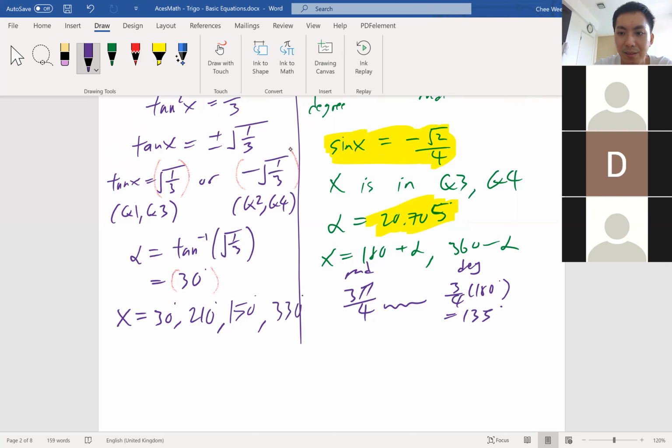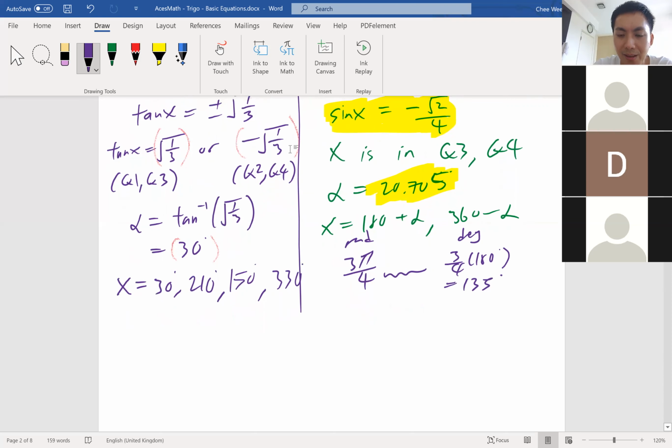Okay, so 135 degrees. What's the basic angle of 135 degrees?